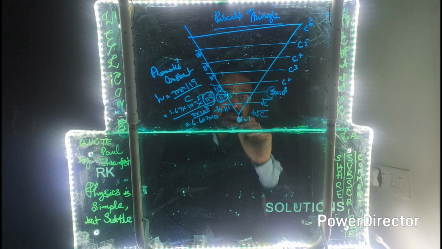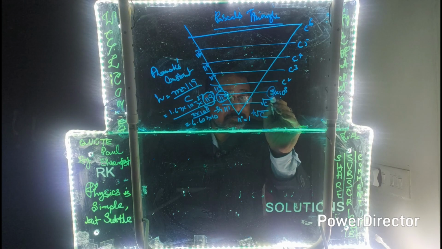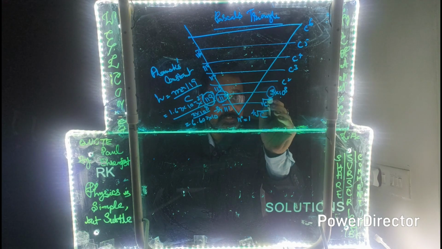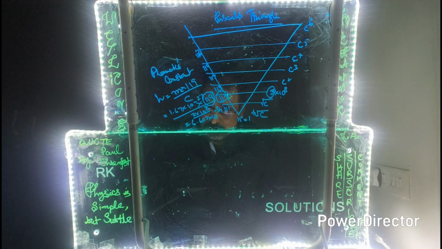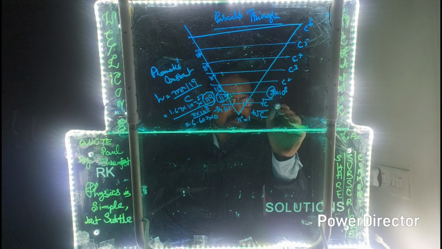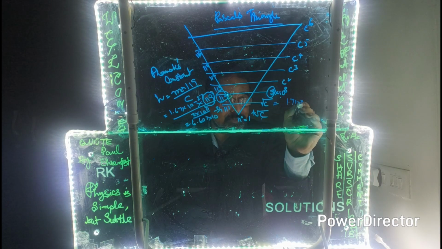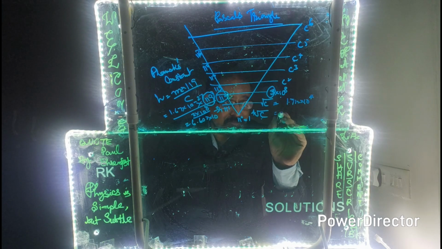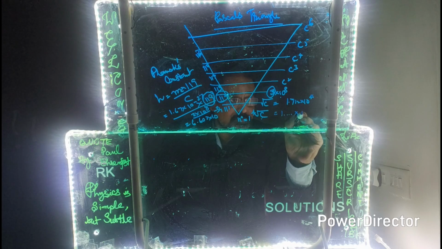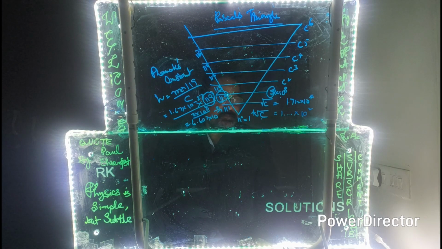You can bother because we are taking root C, so even the fourth root of 3 will also be counted. This comes to something like 1.7 into 10 raised to 4, right? And this will come to 1 point something into 10 raised to 2, isn't it? So these were the correlations I had.